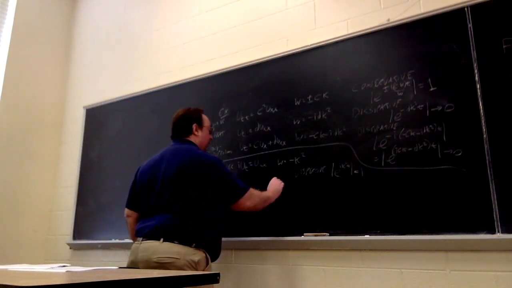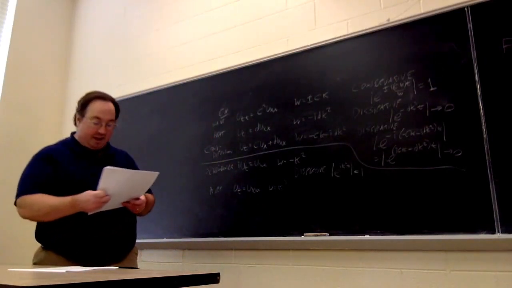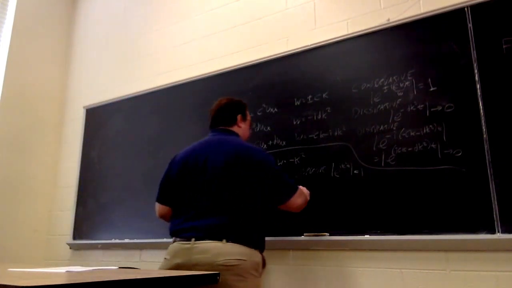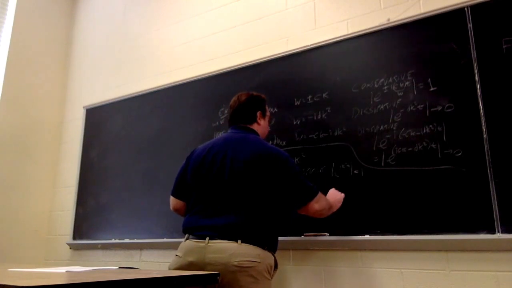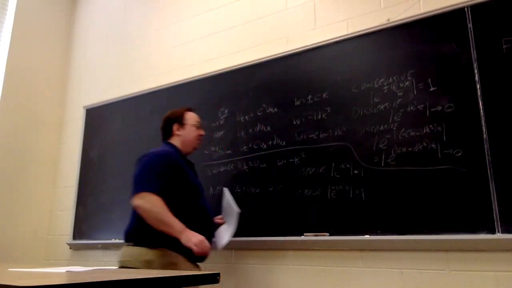So w turns out to be k cubed. That turns out to be dispersive also, because the magnitude of e to the minus i k cubed t is equal to 1.